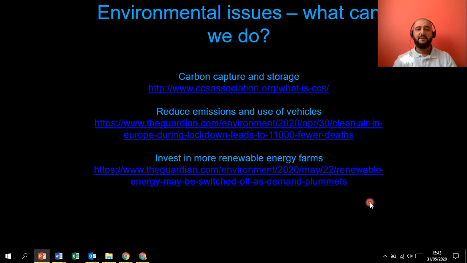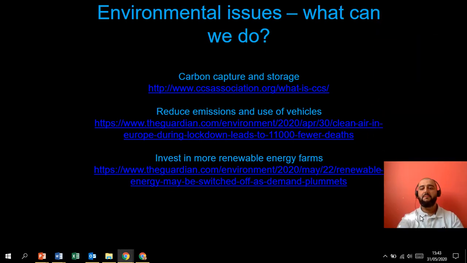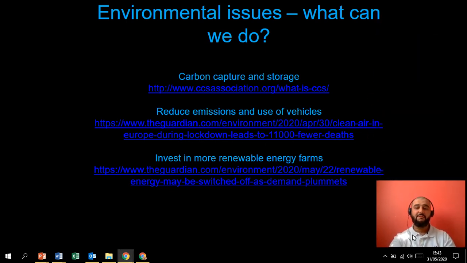Again, if you have time, whilst this is not on your spec, it can be if they give you the information. And in fact, the third question in your worksheet talks to you about carbon capture and storage, CCS, which is a method that they use in industry to capture the carbon dioxide that is being produced at these big power stations.